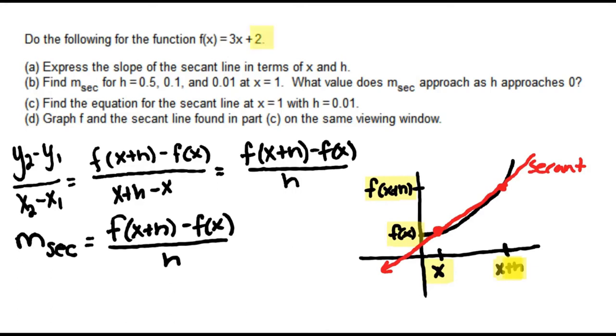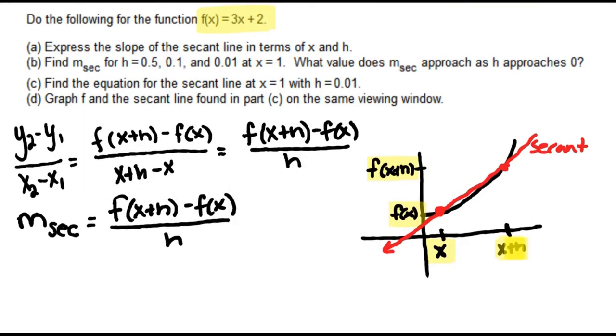We want to find the slope of the secant line for our function f of x equals 3x plus 2. So I'll start off by finding f of x plus h. Everywhere I see an x, I'm going to change it to x plus h. That becomes 3 times x plus h plus 2.